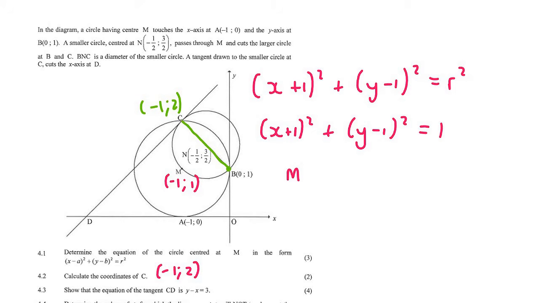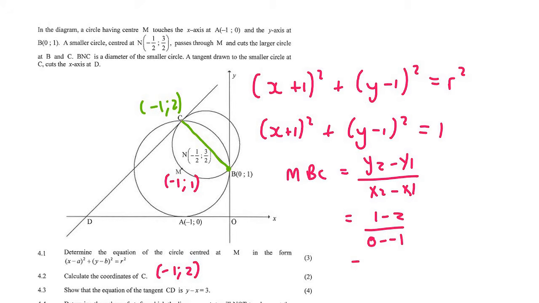So I'm going to say gradient of BC is going to be y2 minus y1 over x2 minus x1. And so that's going to be 1 minus 2 over 0 minus minus 1. And that gives us negative 1. Now we know that the gradient of a tangent is 90 degrees to the diameter.